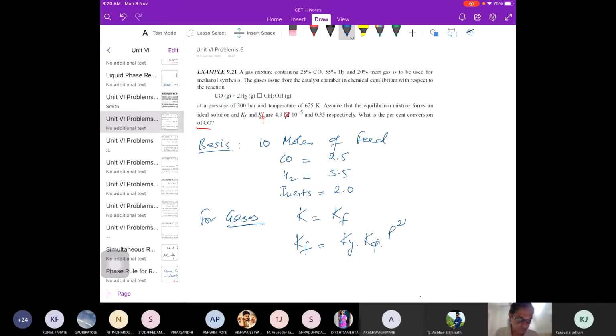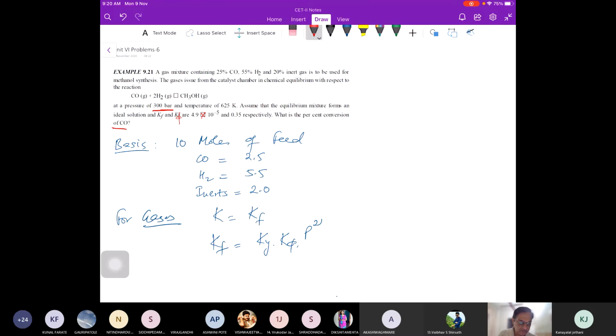Let's see who can do it fast. Exactly similar problem, only thing is here K phi is given. Normally we take K phi as 1, but here the value of K phi is given because pressure is high, 300 bar. Okay, let's see who can do it.